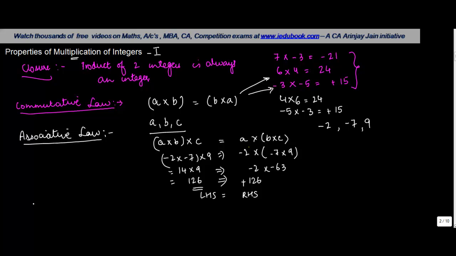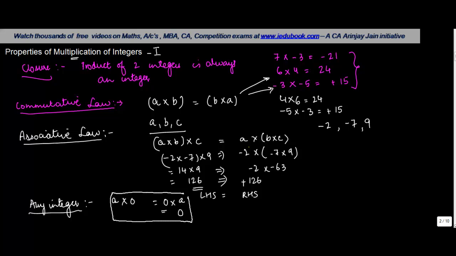And one more smaller one which I will take is that, if you have any integer, okay, let's call it a. Okay, a when multiplied by 0 is always equal to 0 multiplied by a, and this is always equal to 0.